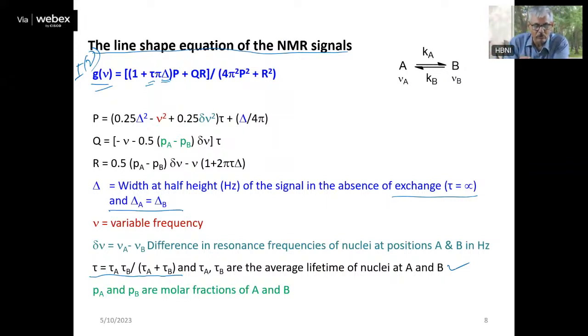This is the natural line width of the NMR line, approximately around 1 hertz.